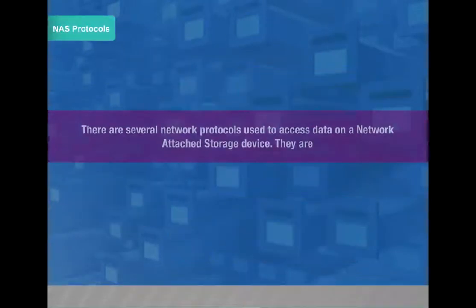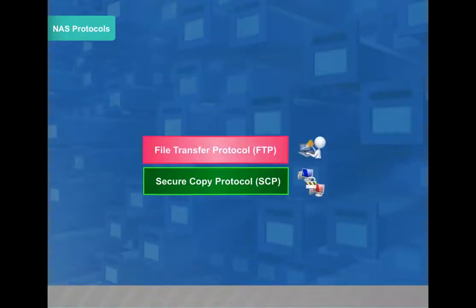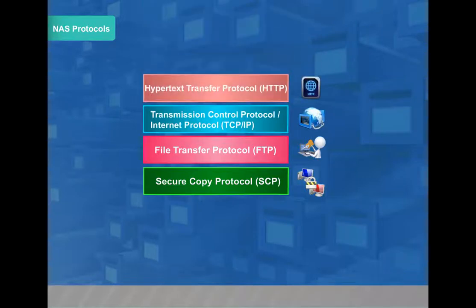NAS protocols. There are several network protocols used to access data on a network-attached storage device. They are Secure Copy Protocol (SCP), File Transfer Protocol (FTP), Transmission Control Protocol/Internet Protocol (TCP/IP), and Hypertext Transfer Protocol (HTTP).